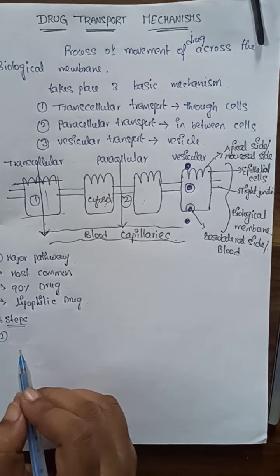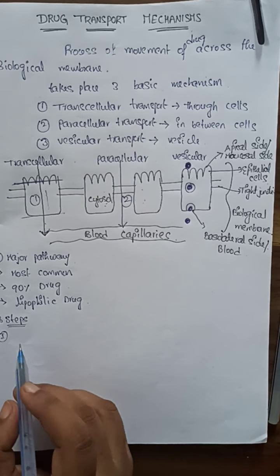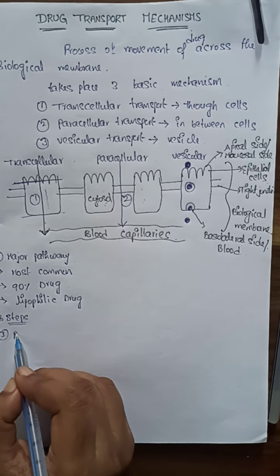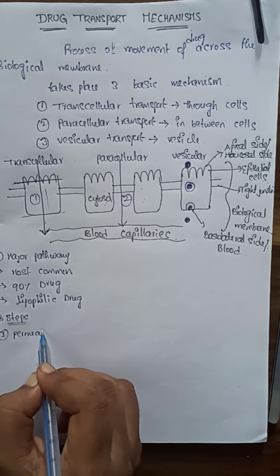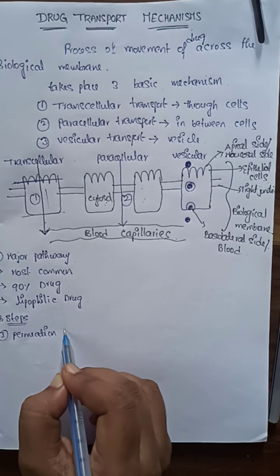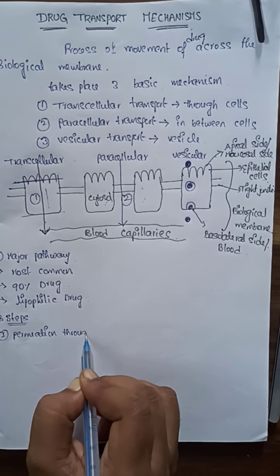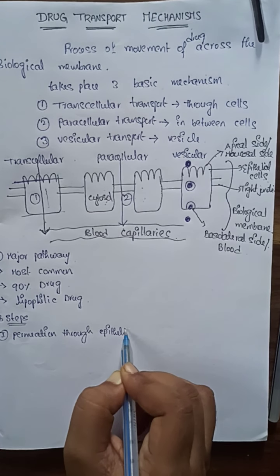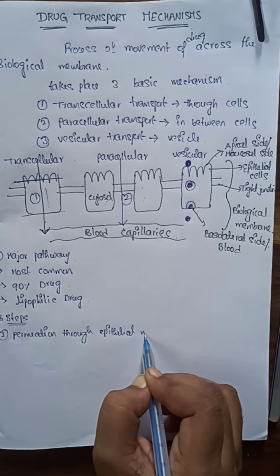So the three basic steps in transcellular transport: the first one is permeation of the drug through the epithelial membrane.